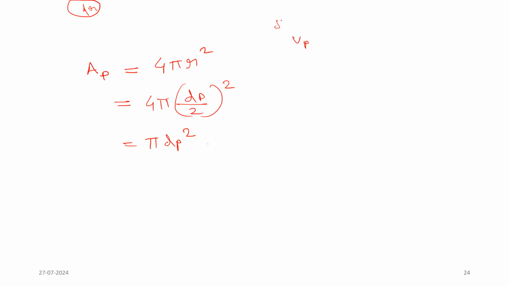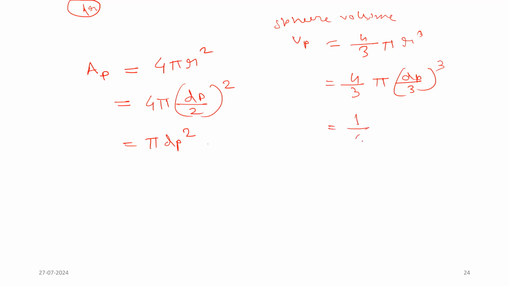Now the sphere volume is Vp. How is it calculated? 4/3 pi r cube. This is the well-defined formula. So now we will change to 4/3 pi dp by 2 whole cube, that is 1/6 pi dp cube, right? So now we can write Vp into 6 equals pi dp cube.